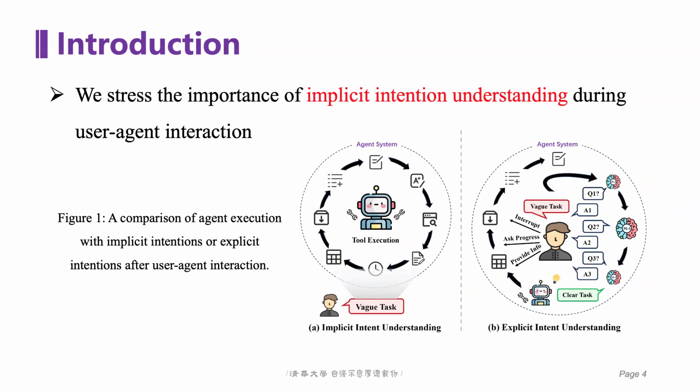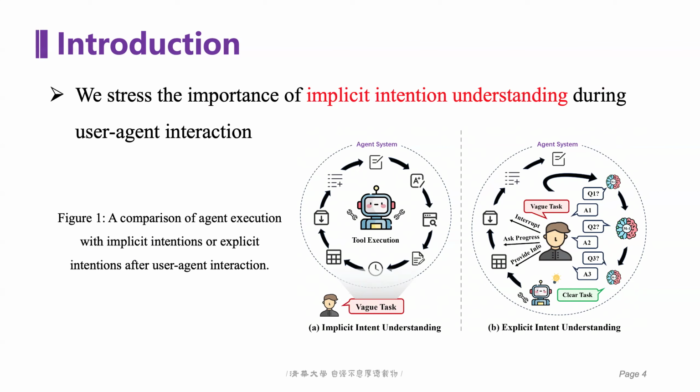Because of these situations, we stress the importance of implicit intention understanding during user-agent interaction. Here is a figure comparing the agent execution workflow with implicit intention or explicit intention after the user-agent interaction. A user may sometimes give a vague task first, and the agent system may leverage different tools to execute that task directly, but sometimes this may not satisfy the user's need.